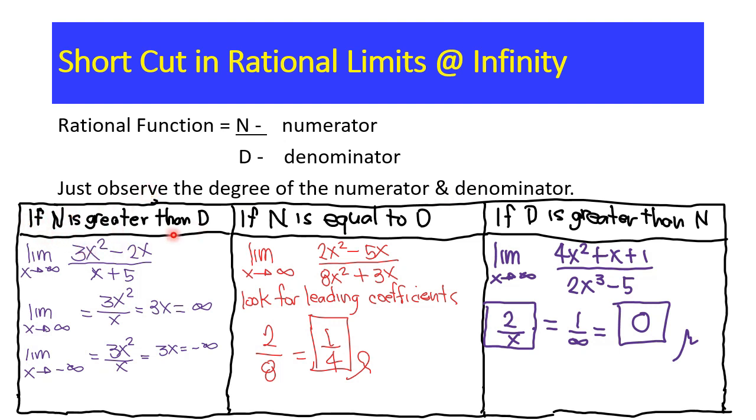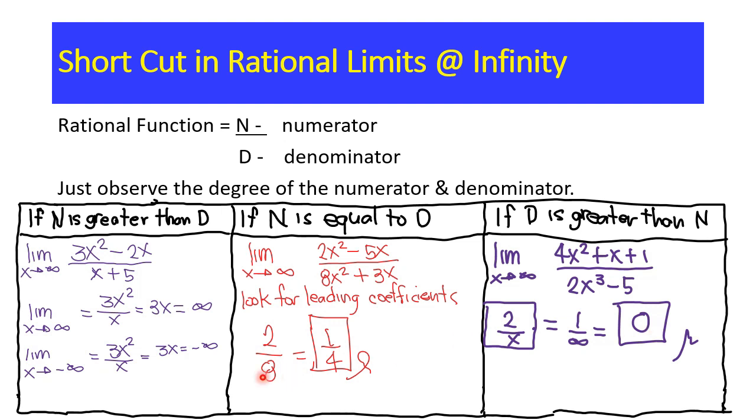If n is greater than d, then we will have infinity. If n is equal to d, then we will look for the leading coefficients. At yun po ang magiging value ng ating limits. If d is greater than n, then we will have 0.